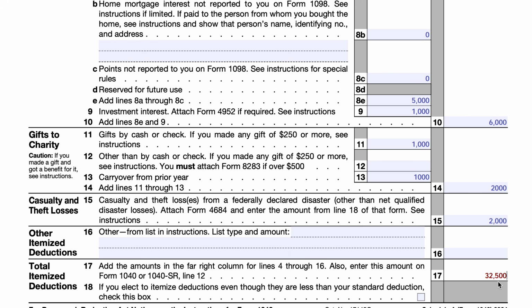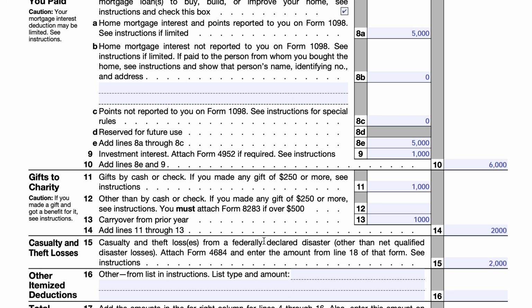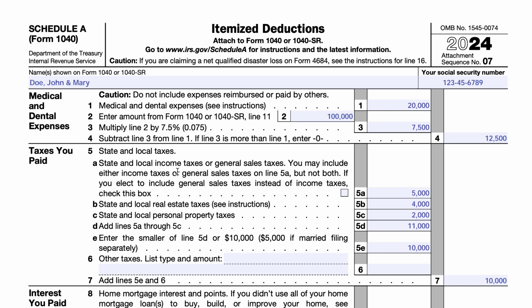So, in John and Mary Doe's case, you would then take a look at the 32,500, compare that to the standard deduction for 2024, which is less than that, and it would make sense that you would go ahead and take the itemized schedule on Schedule A, again, unless there's a tax benefit to itemizing for state tax purposes. So that's all we have for this video.